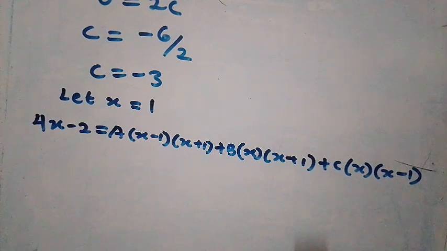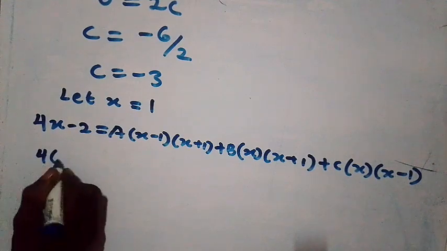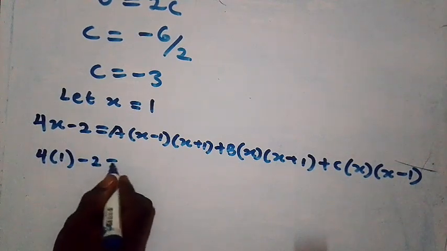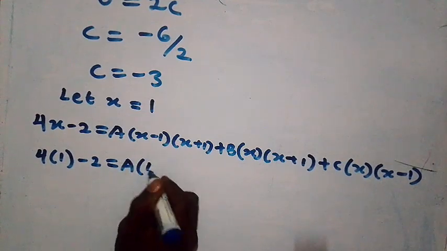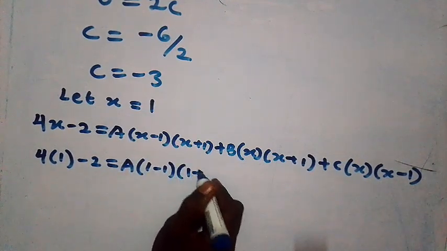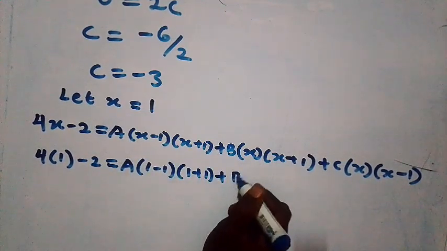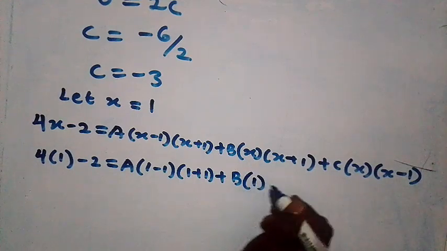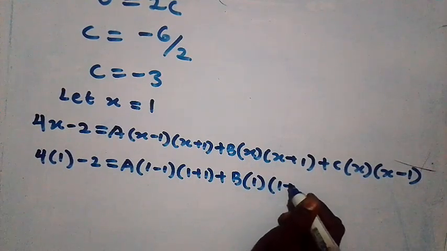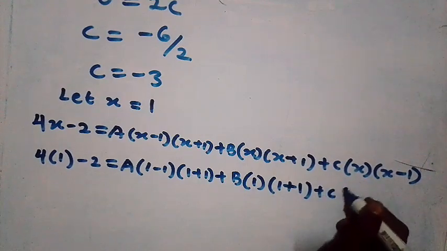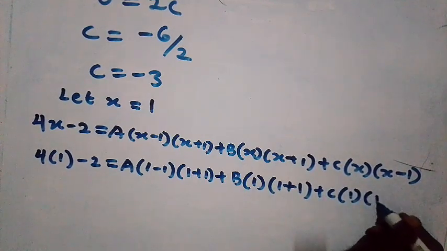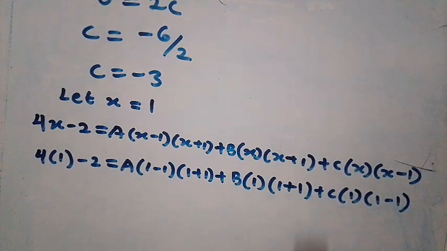Now let's substitute 1 for x. 4 into bracket 1 minus 2 equals A, this is x, 1 minus 1, 1 plus 1, plus B, this is x, 1, 1 plus 1, plus C, this is x again, 1, 1 minus 1.